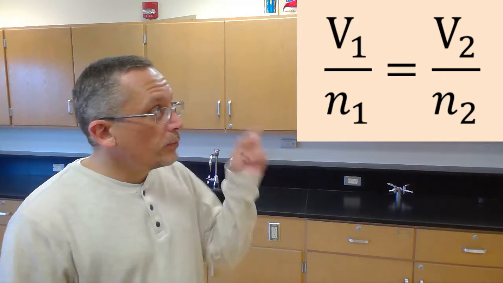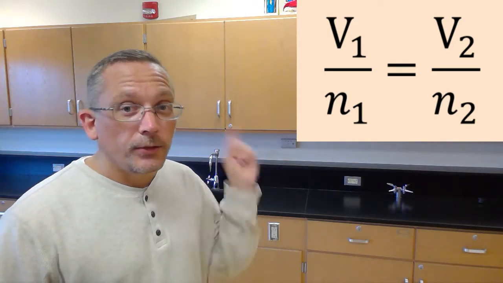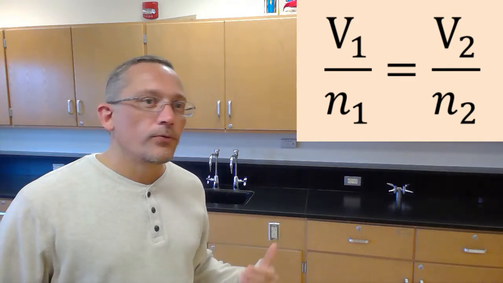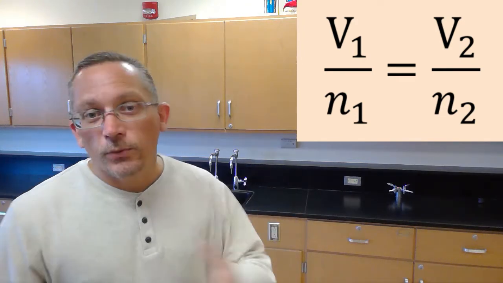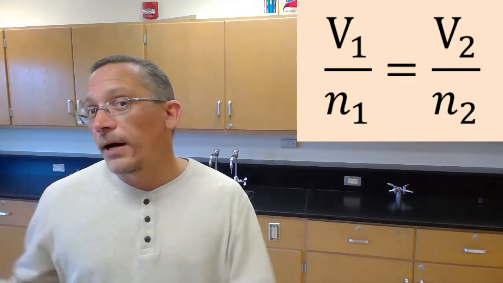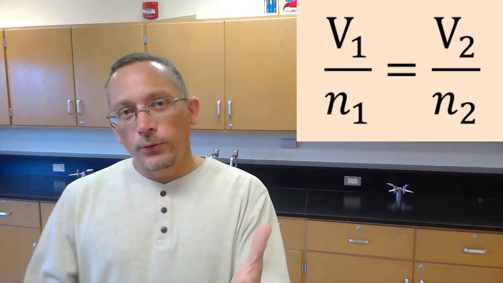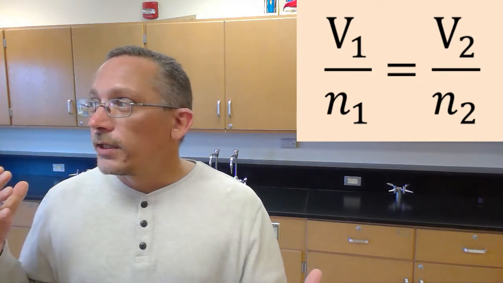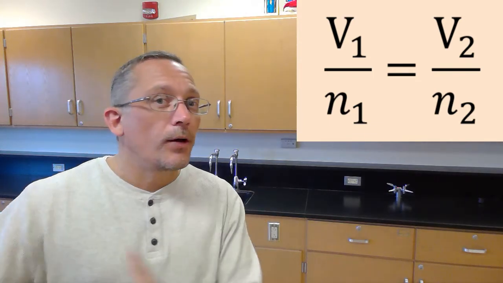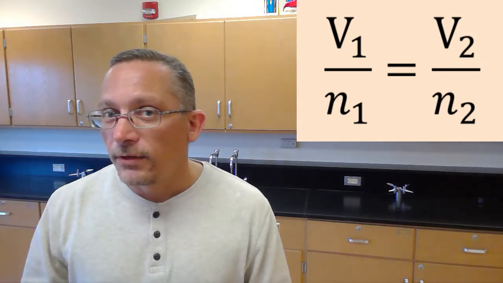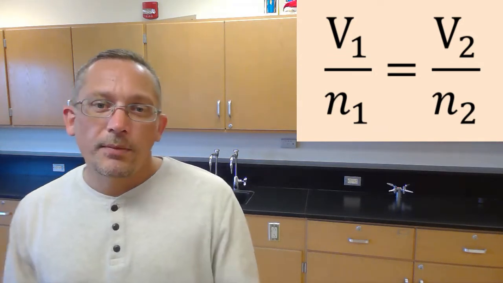Avogadro's law says V1 over N1 equals V2 over N2. So the volume 1 over the amount 1 equals volume 2 over the amount 2, right? Avogadro's law, think about a balloon, okay? And think about maybe letting some air out of a balloon. So as you let the air out, the amount of gas goes down, and then what happens to the volume?